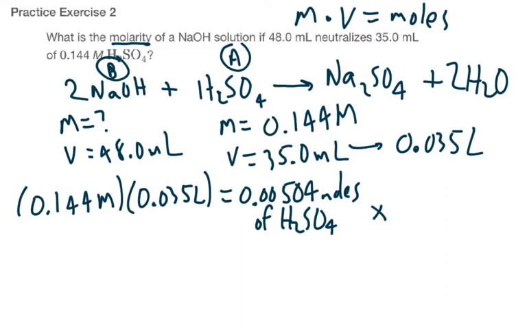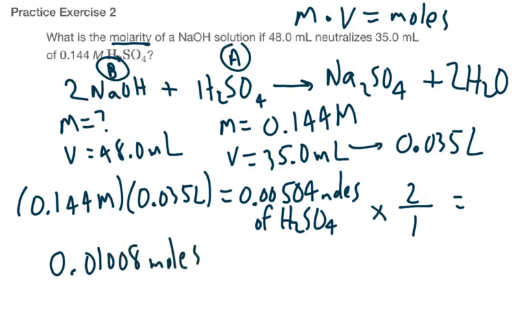Notice it's B over A, a 2-to-1 ratio. There are 2 moles of NaOH for every 1 mole of H2SO4. So when you multiply the given by 2, you get 0.01008, and that will be moles of the unknown, which in this case is NaOH.